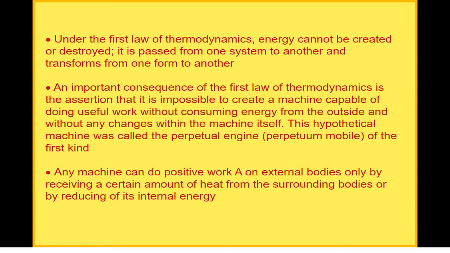This hypothetical machine was called the perpetuum mobile of the first kind. Any machine can do positive work on external bodies only by receiving a certain amount of heat from the surrounding bodies or by reducing its internal energy.